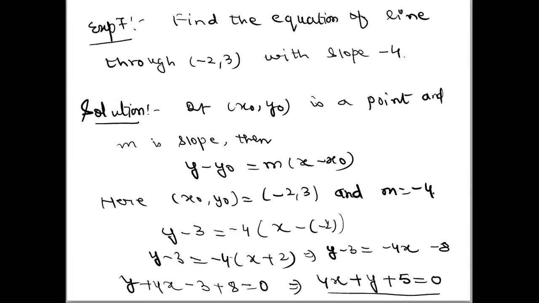So these types of questions related to point and slope are important. Now I am giving you one question, you have to solve it. This is from your exercise 10.2, question number 2.